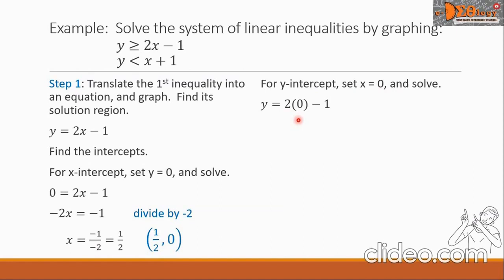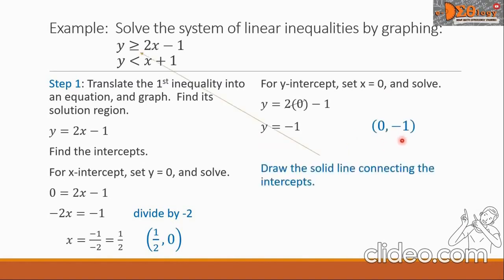This 2 times 0 is simply 0, so we can cancel it out. So we have now y equals negative 1. Let us write the y-intercept as an ordered pair. So we have (0, -1).